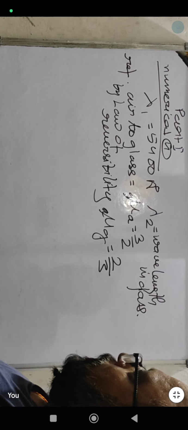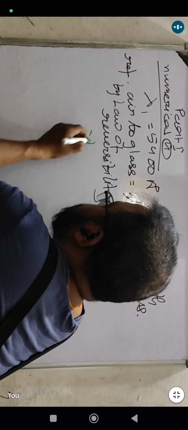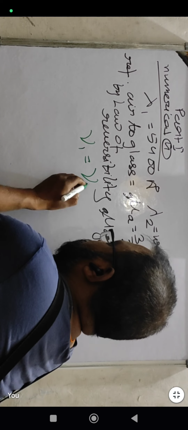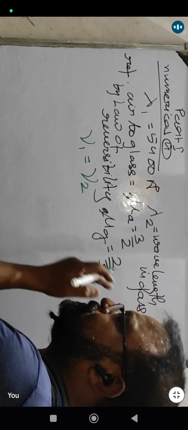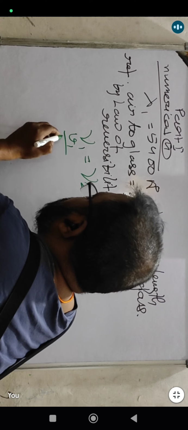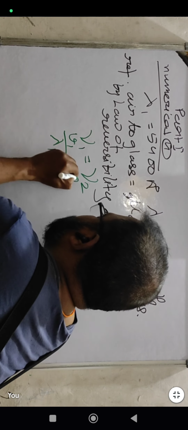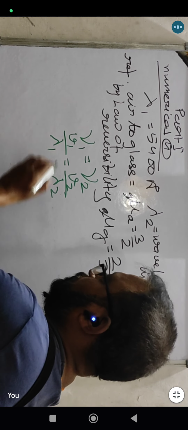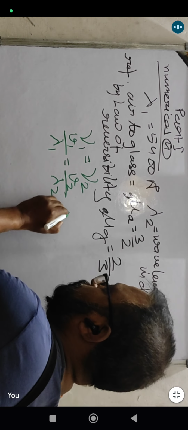And as you know, frequency in both the mediums remains the same. So v1 upon lambda 1 is equal to v2 upon lambda 2. So you have to find lambda 2.